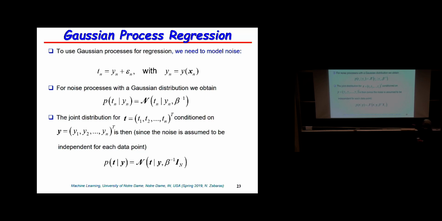So we're going to assume we do regression, and we're trying to model a function that models a mapping from input x to y. So we're trying to model this function y of x with a Gaussian process.